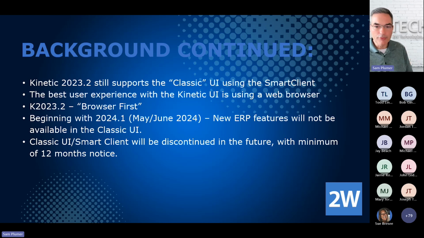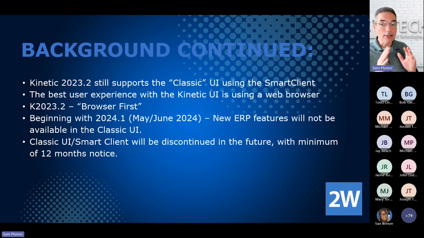But by June 1st, 2024.1 will be generally available. And any new ERP features and feature improvements that come with that new release of the ERP will, for the first time, not be backported to the classic UI.